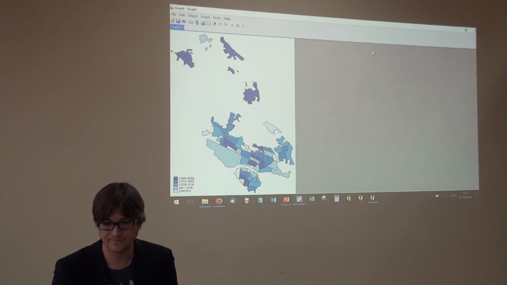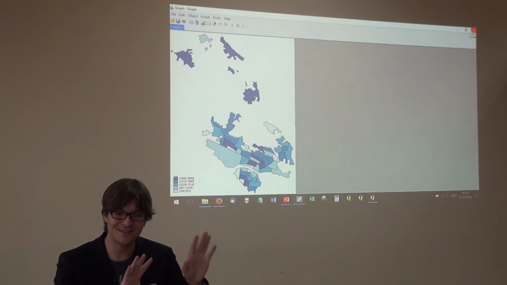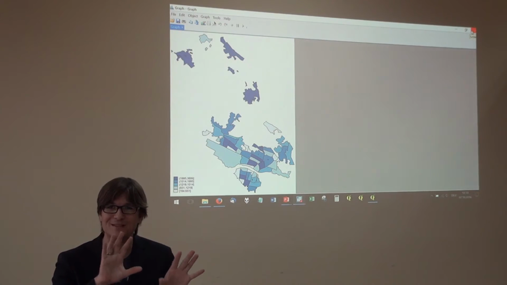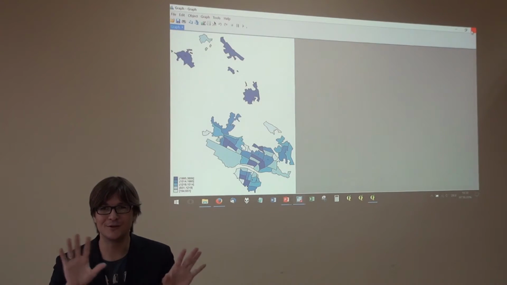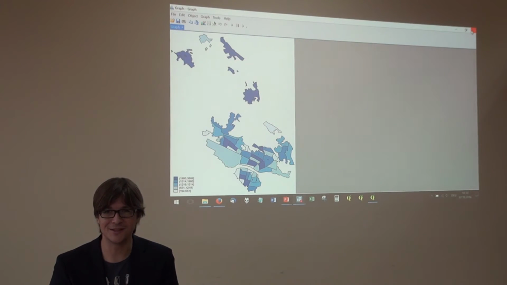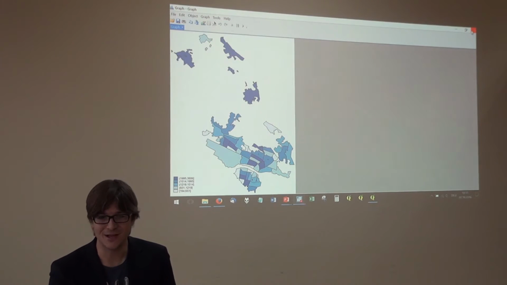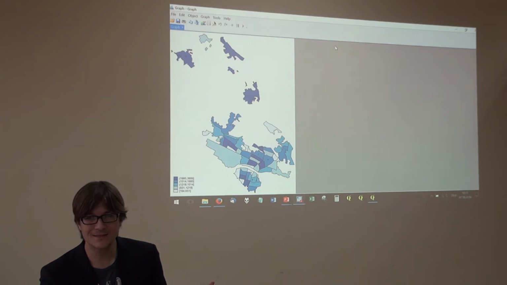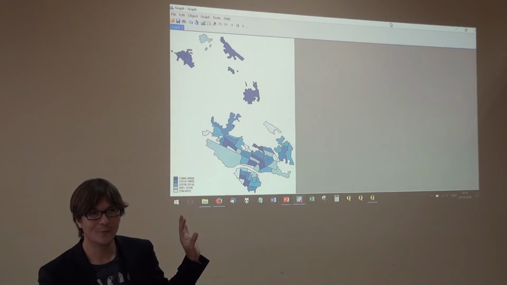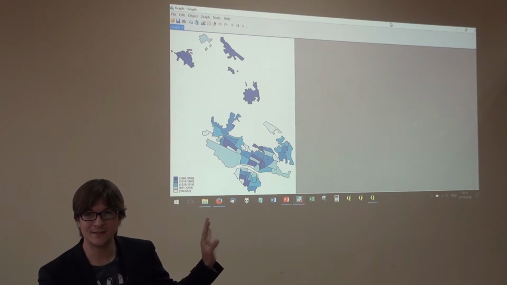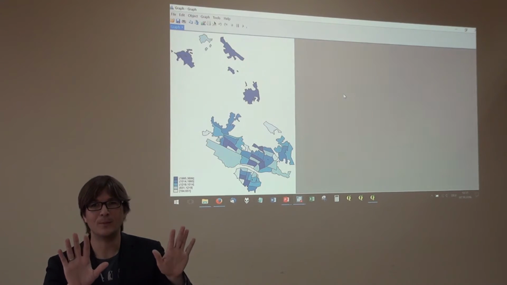But it's also nice because then it's in the same scheme as your other graphs that you do with your statistical analysis. Sometimes it's nice to have, and I think a nice way of illustrating your spatial data is to use small multiples.